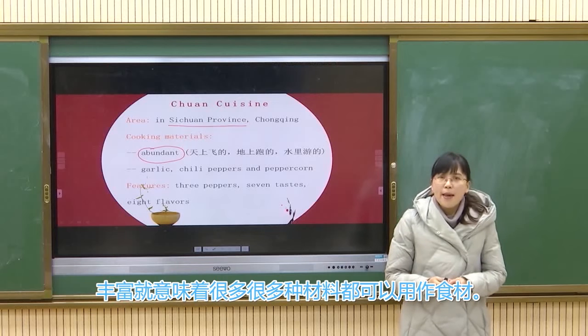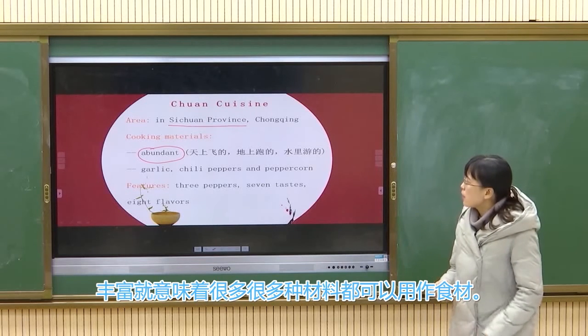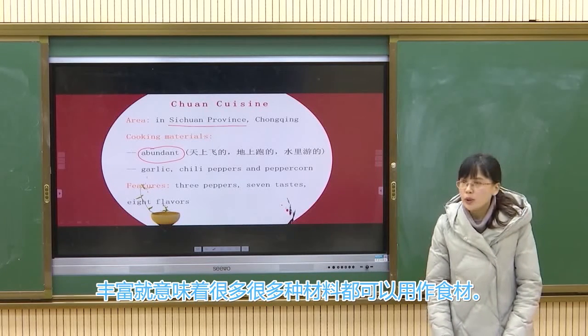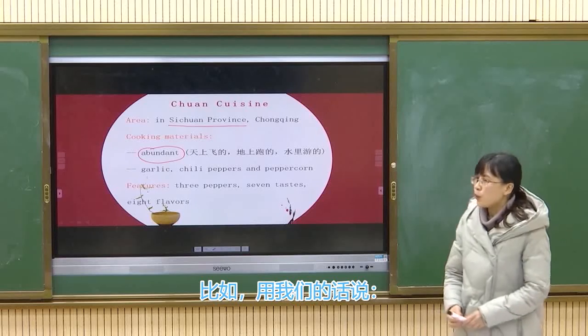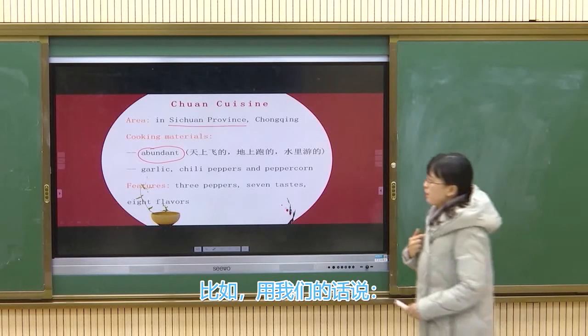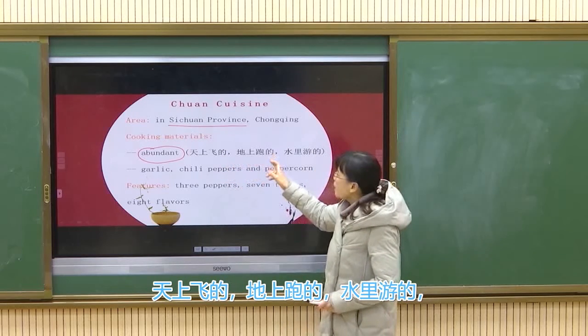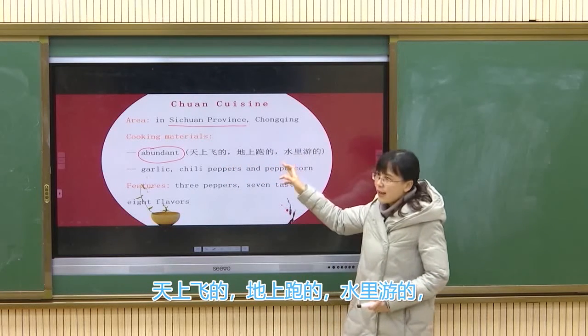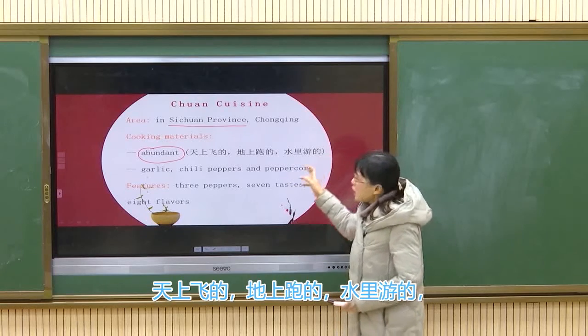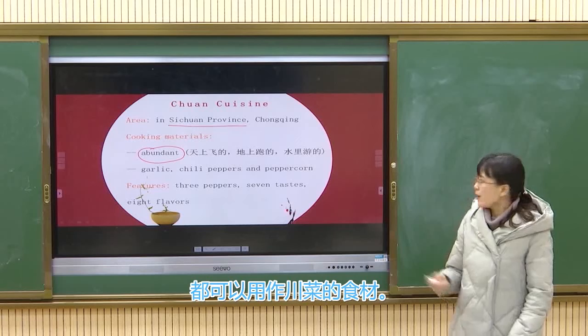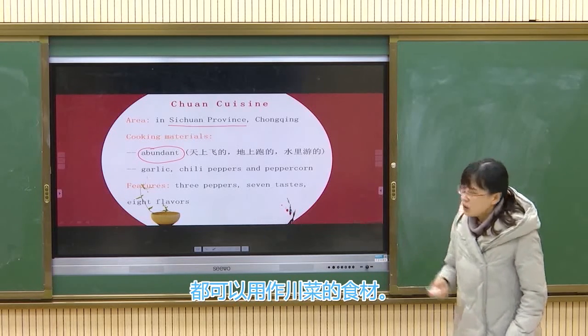Abundant, that means many different kinds of materials can be used as the cooking materials. For example, in my own words, the animals flying in the sky and the animals running on the land, swimming in the water. All of these animals can be used as the cooking materials.